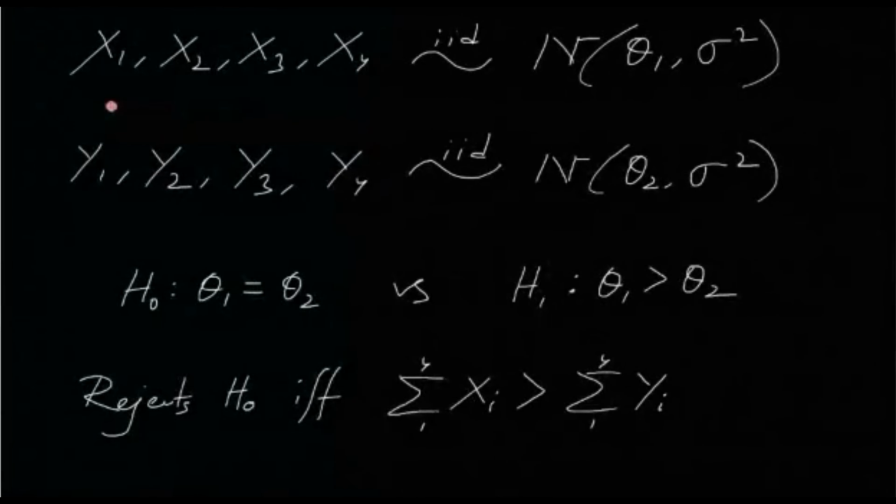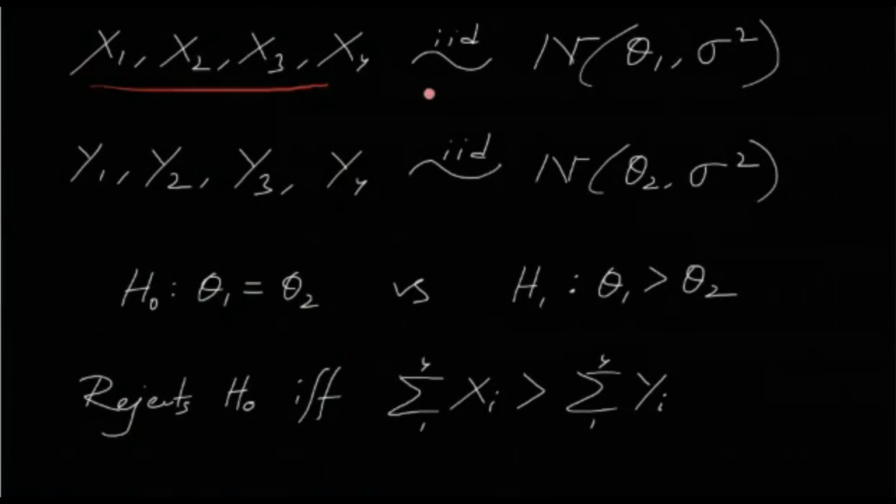So x1 up to x4 follows IID normal theta 1 comma sigma square, and y1 through y4 follows IID normal theta 2 comma sigma square. Just writing down the basic problem here: H naught says theta 1 equals theta 2 versus H1 says theta 1 greater than theta 2.